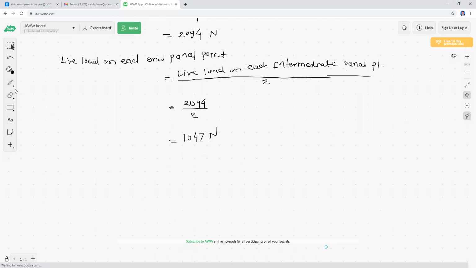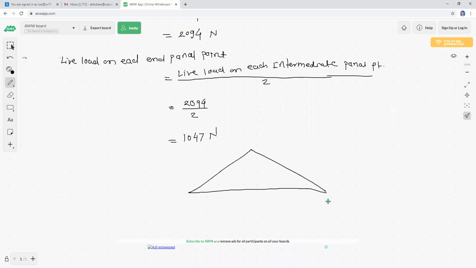So now draw the sketch again. So this is our truss. Now show the loads.